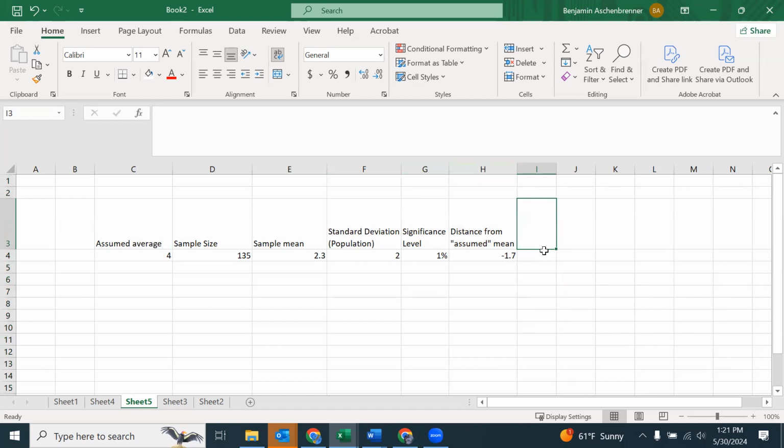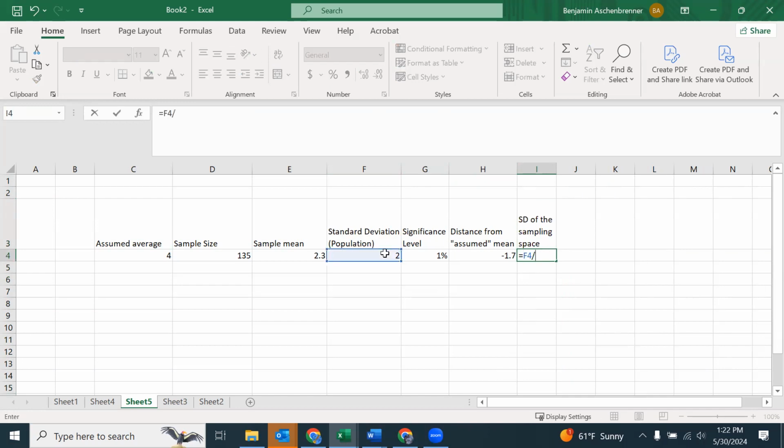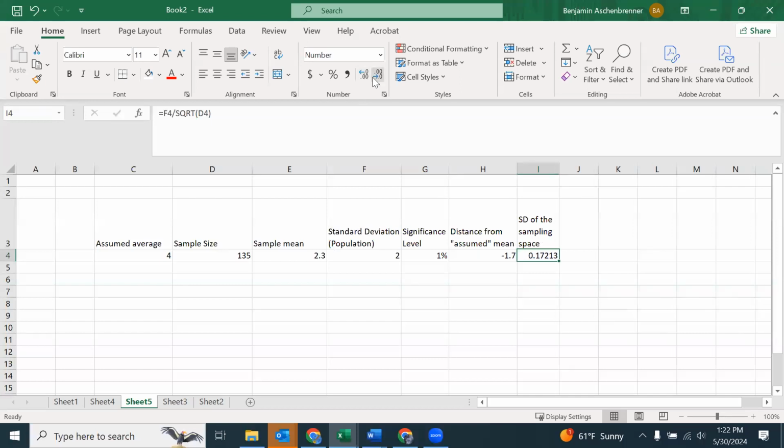Then the standard deviation of the sampling space, which is equal to the standard deviation divided by the square root of the sample size. And I'm going to go ahead and get rid of a few decimals there.